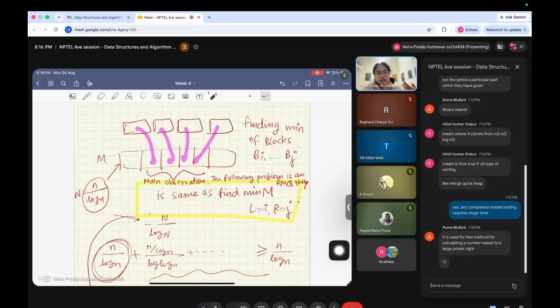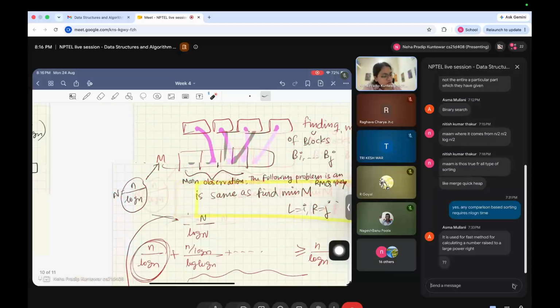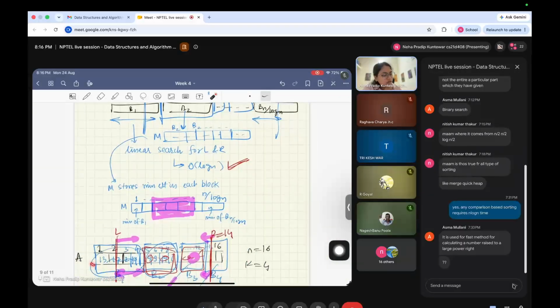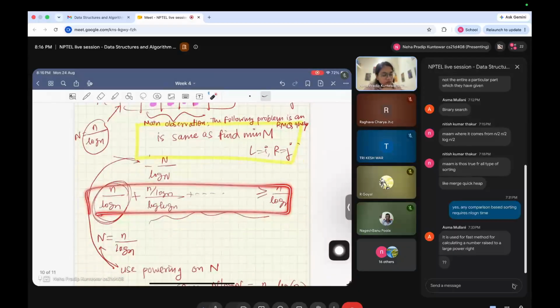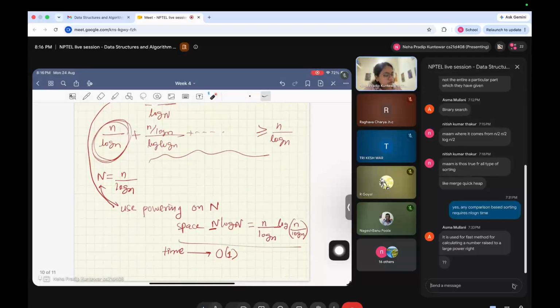To do that, using the blocking here saved us time in finding this, but in order to save time in finding this, we are going to use the powering algorithm. So instead of n by log n, we will end up only using, what does this turn out to be?